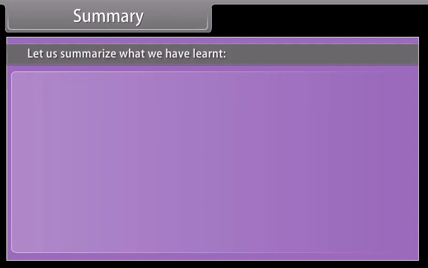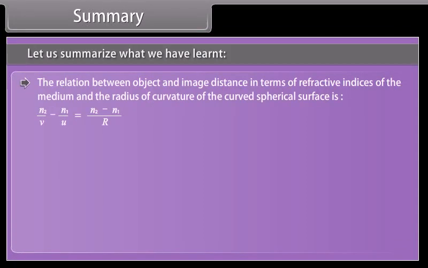Summary. Let us summarize what we have learned. The relation between object and image distance in terms of refractive indices of the medium and the radius of curvature of the curved spherical surface is n2/v - n1/u = (n2 - n1)/R. Lensmaker's formula is this.